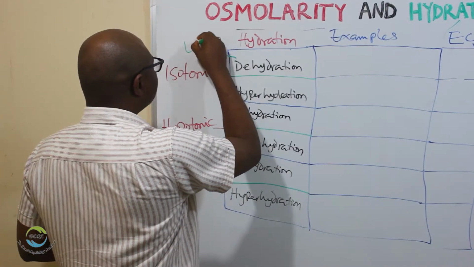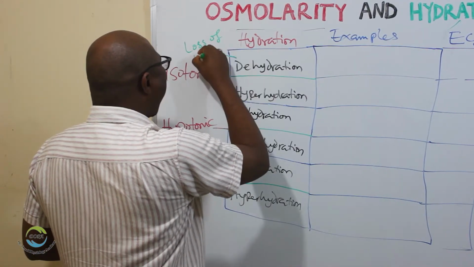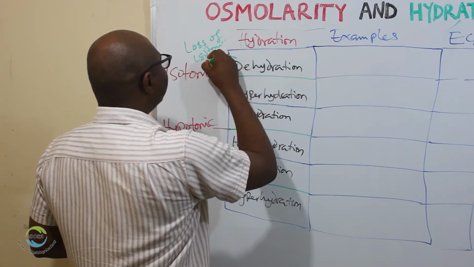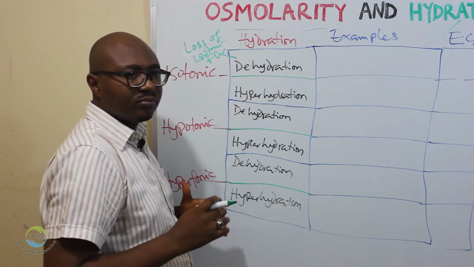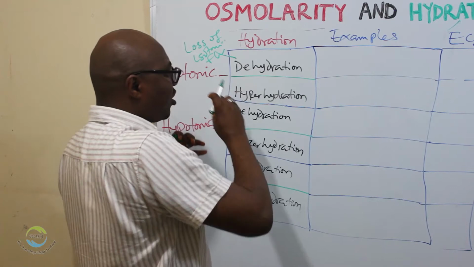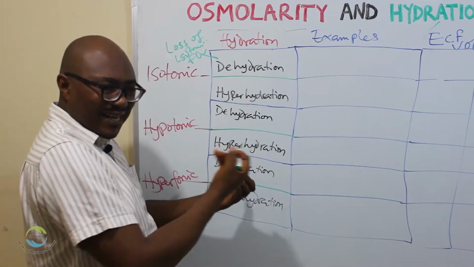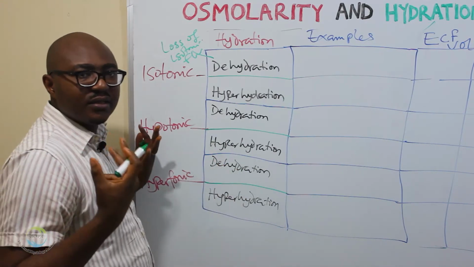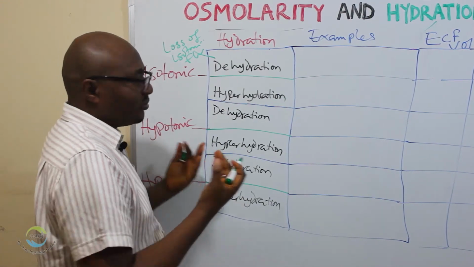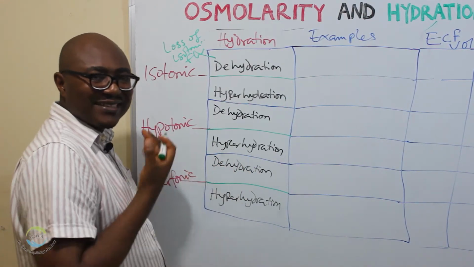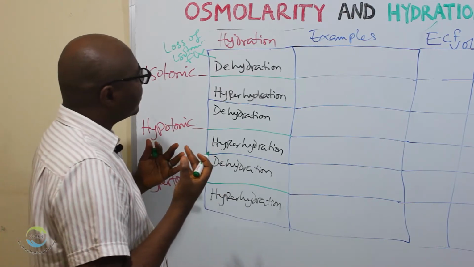This is loss of isotonic fluid. So the fluid that is being lost, remember the focus is the ECF. That means the ECF, the plasma especially, is losing fluid. It's coming from the plasma, the extracellular fluid and interstitial fluid.